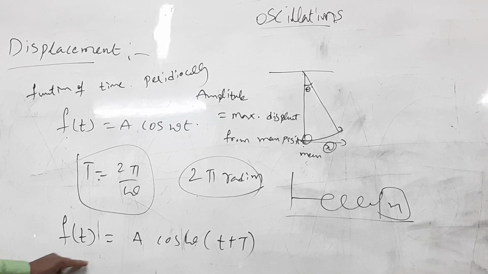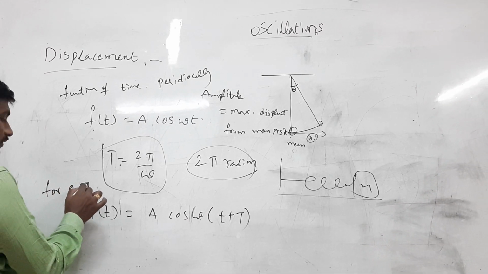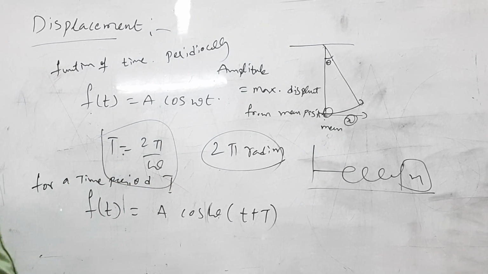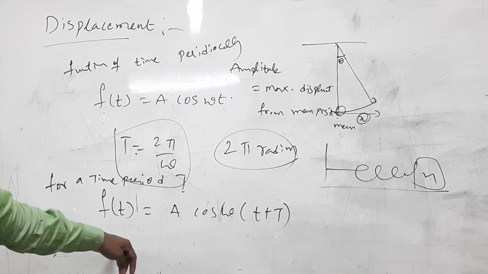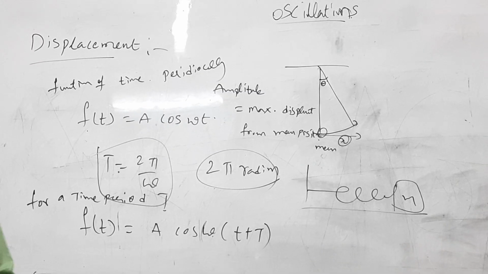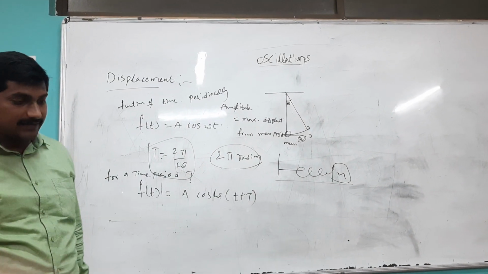Because the time period changed for a time period T, my periodic equation has changed: f of t equal to a cos omega of t plus capital T. Thus the function f of t is periodic with period T.